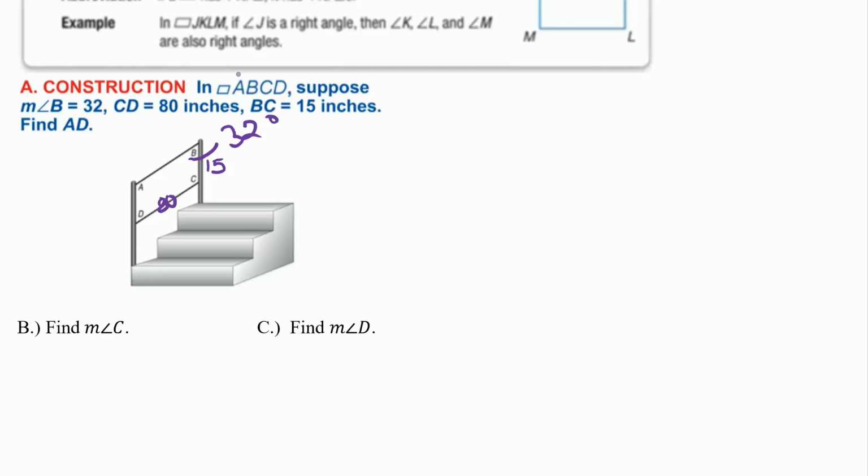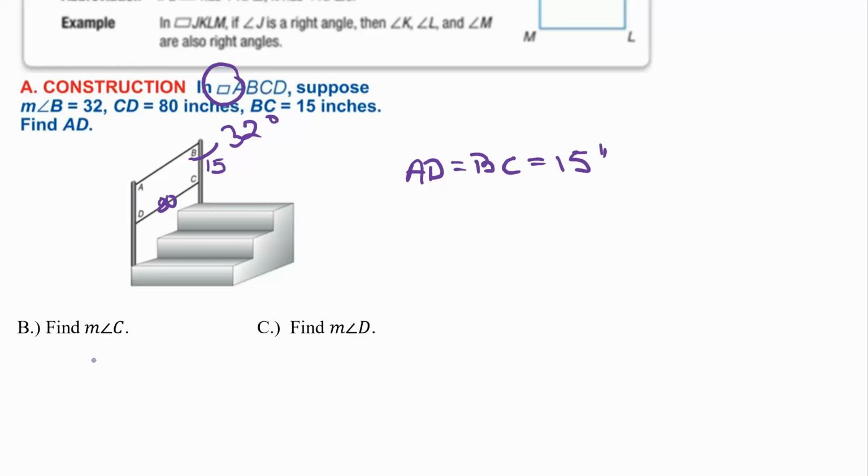Since this symbol here means a parallelogram, we know that opposite sides are congruent. So the length of AD would be the same as BC, which is 15 inches. Find the measure of angle C. Well, B and C are consecutive angles, so they're supplementary, so they have to add to 180.